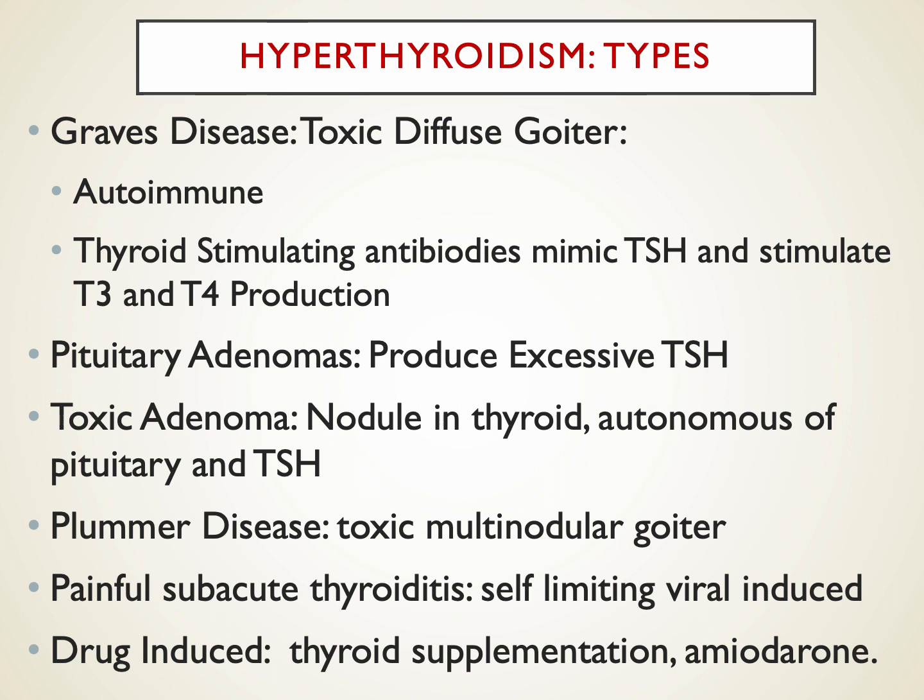We could have a toxic adenoma, a nodule in the thyroid that's autonomous of the pituitary and TSH. Other conditions are Plummer's disease, a toxic multinodular goiter. There is also a viral-induced condition, a painful subacute thyroiditis.